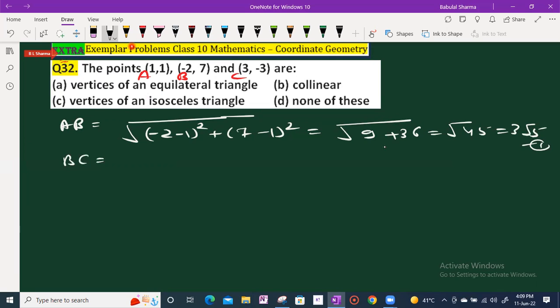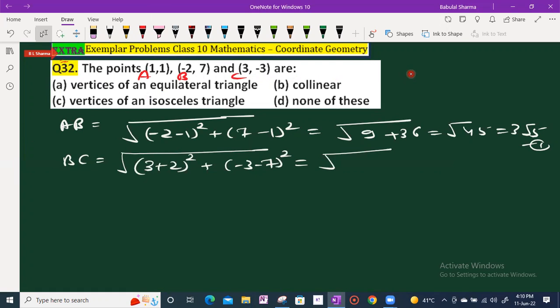BC distance, that is this point is B and this point is C, using the distance formula again. 3 plus 2 whole square, minus 3 minus 7 whole square. 3 plus 2, 5 whole square, that is 25.